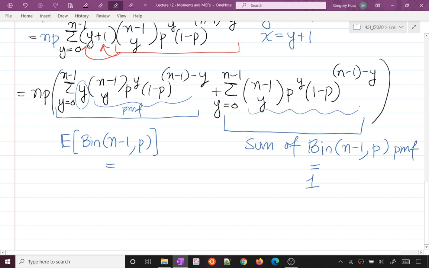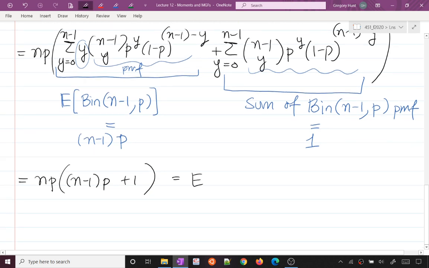It's the same thing as this. And so that sum is just going to be the expected value of that. And we know the expected value of a binomial is just the product of its parameters. So it's n minus 1 times p. And from there, we're basically done, just some algebra. So I get np, I get an n minus 1 p, and then I get a plus 1.